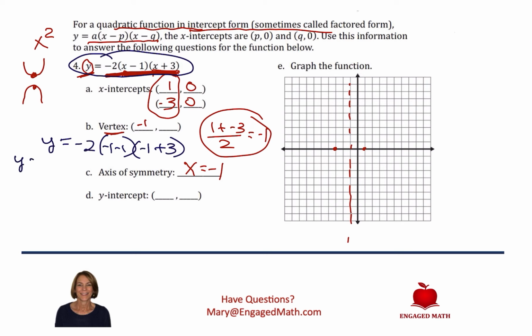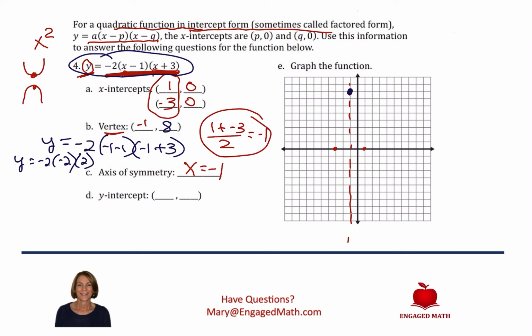So I'm going to simplify it here. So y equals -2 times -2 times +2. And when you multiply all those together, you're going to get a +8. So the x-coordinate is -1 and the y-coordinate is +8 for our vertex. So here's our vertex right here at -1, 8. So we can already see what the graph looks like.